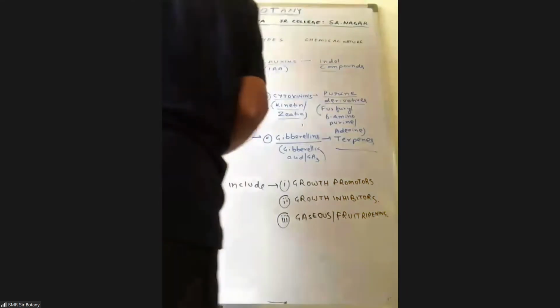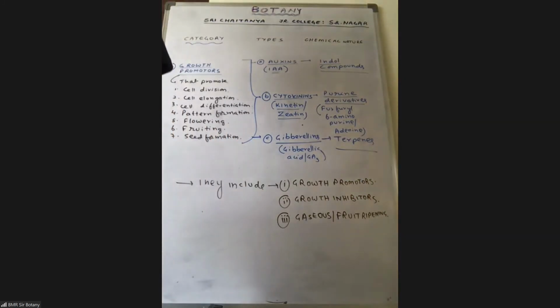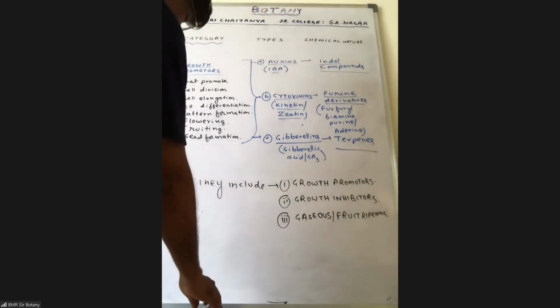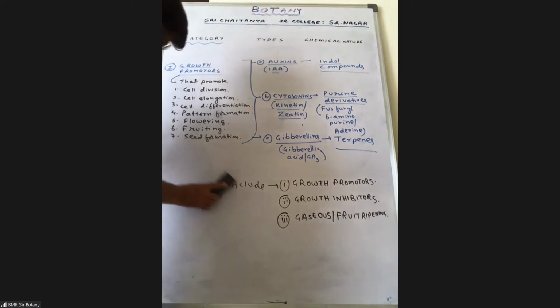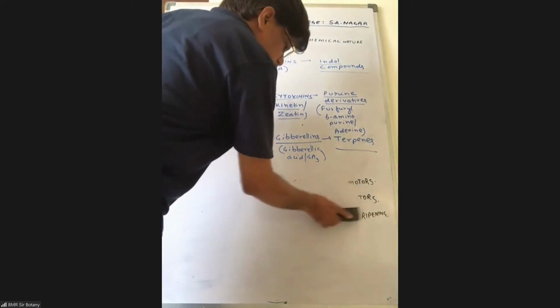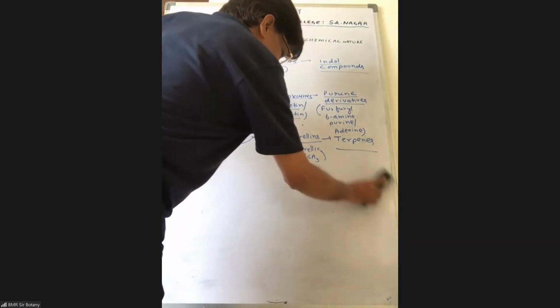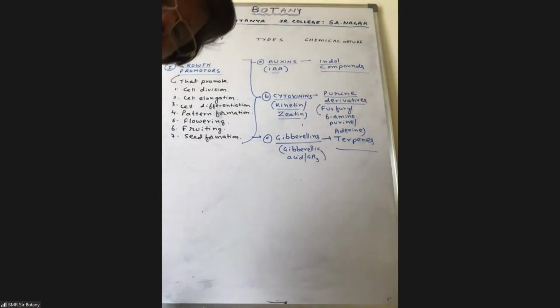Chemically, terpenes. Chemically, purine derivatives. Chemically, indole compounds. That's for growth promoters, and they promote growth by inducing so many things.